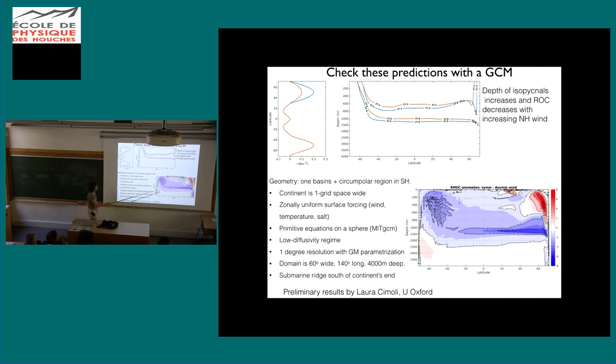And then here's the difference in the overturning between the symmetric wind, that would mean large wind, and weak wind. Symmetric minus asymmetric. So the asymmetric is with weaker wind.